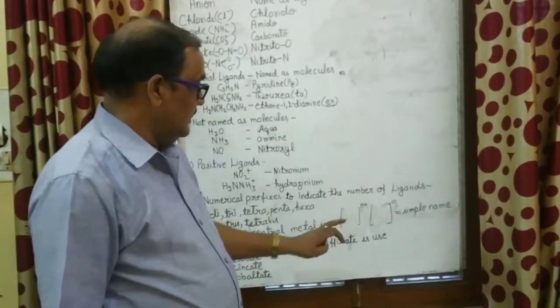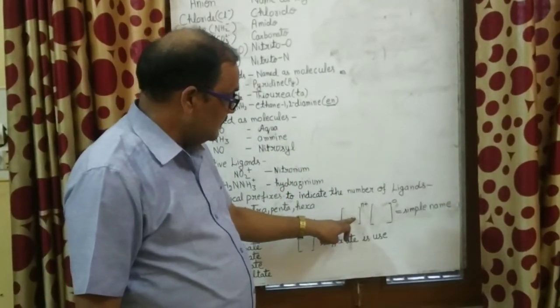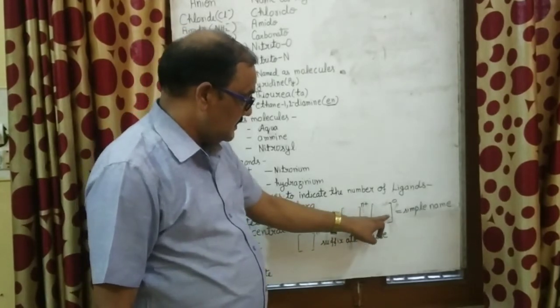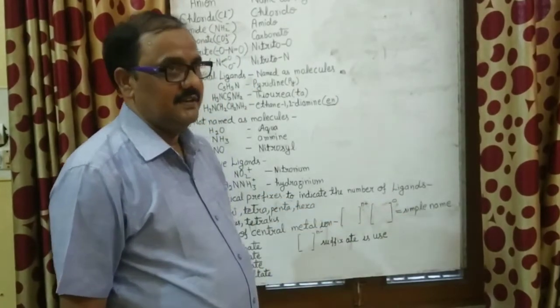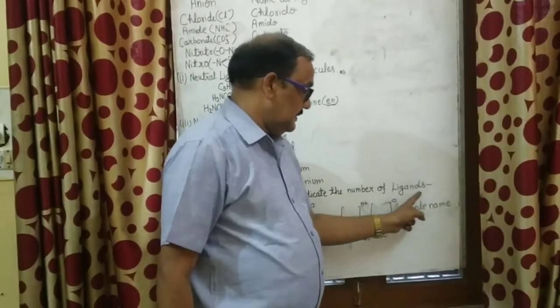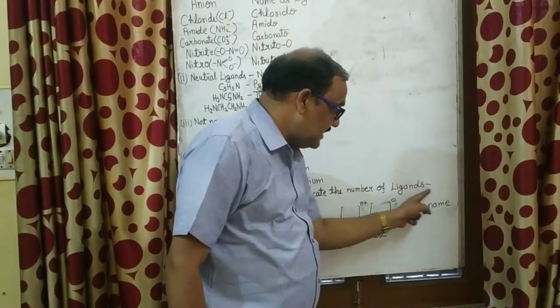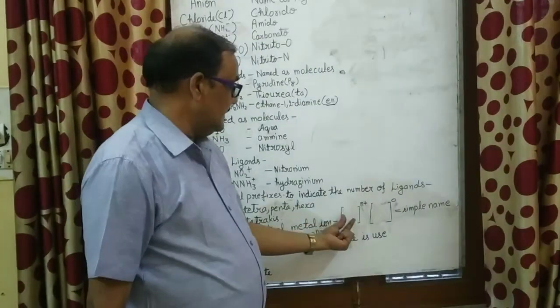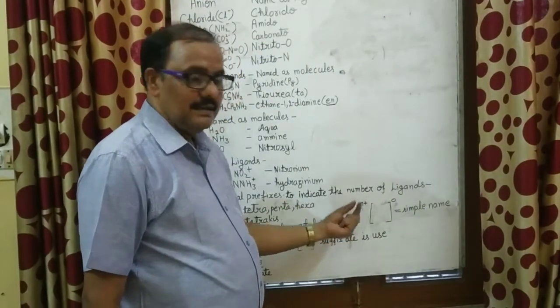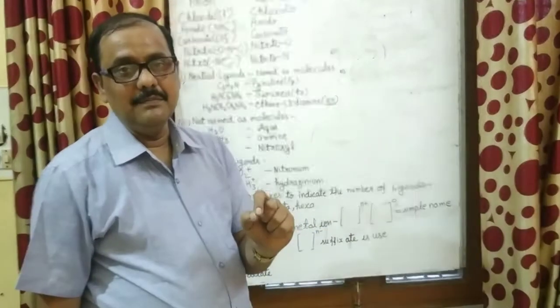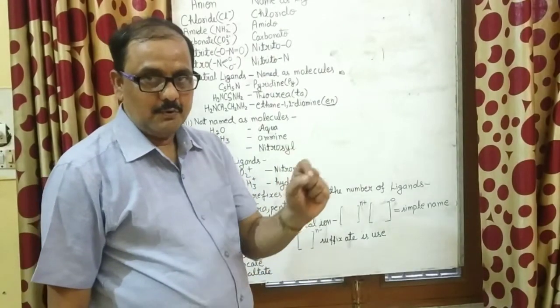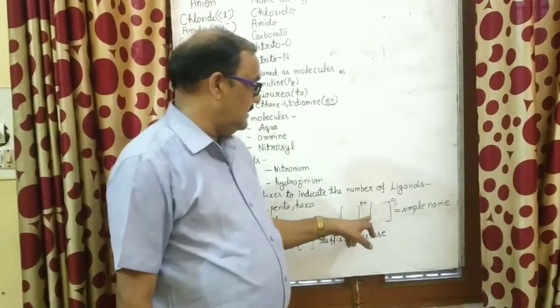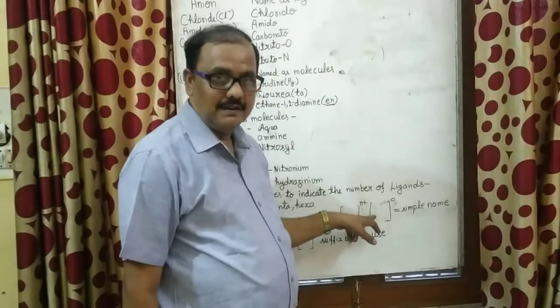In the case of positively charged and neutral coordination spheres, the simple name of the center metal is used. Like if Fe is the center metal, then simply write its name, iron. Suppose Co is present, then write cobalt.